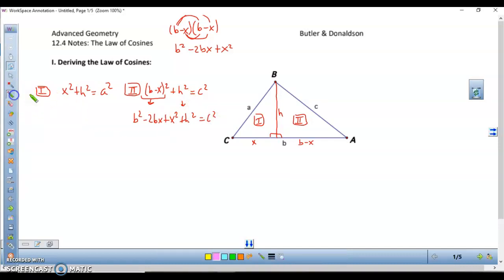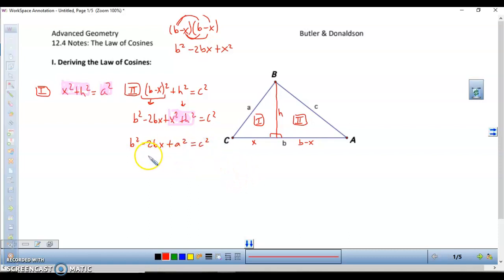Now what you learned in chapter 9, and hopefully you remember, especially those of you who are going to earn some chapter 9 test points back because there's a Pythagorean system on that worksheet, is that we're now going to substitute for x squared plus h squared, which is equal to a squared. So over here in this equation, wherever I see x squared plus h squared, I'm going to replace that with a squared. So I end up with b squared minus 2bx plus a squared equals c squared.